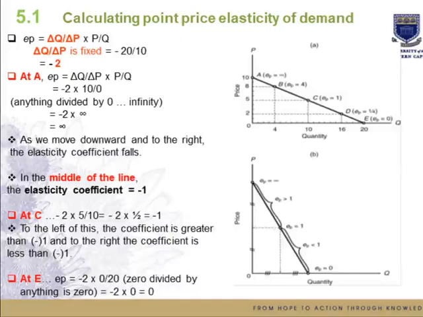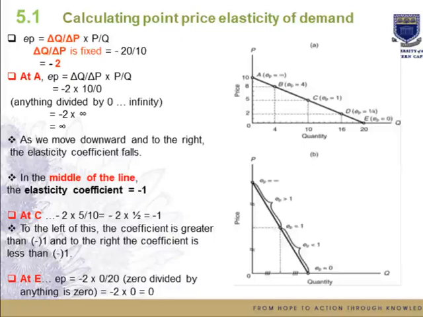Therefore, if we calculate the price elasticity of demand at a point such as A, we will obtain a coefficient of infinity. Right? Since any number divided by 0, the answer is infinite. If we calculate it at a point such as B, we will obtain a coefficient of -4.